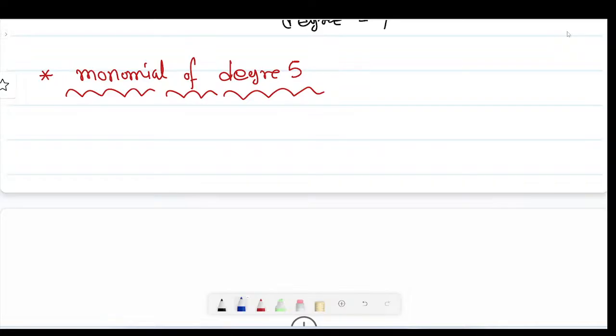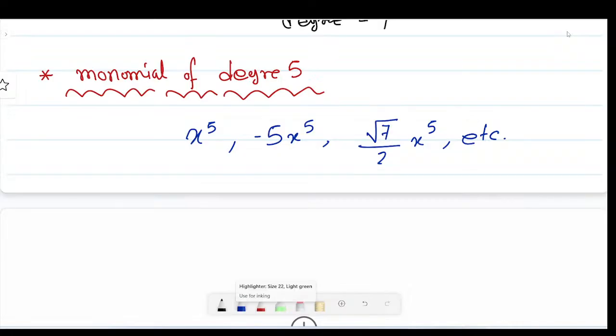So that may be x to the power 5, also an example. Of course it is. Or we can easily join a scalar with it, like minus 5 x to the power 5, also true, root over 7 by 2 x to the power 5, also true, and so on. We can make many examples. This is a monomial.